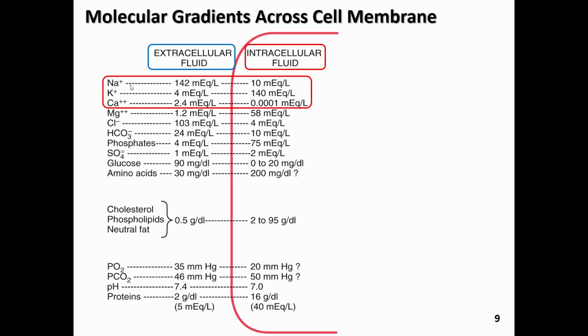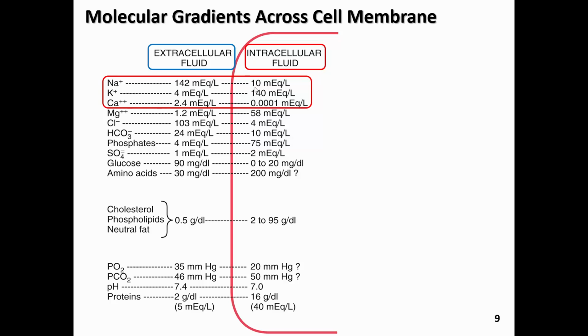So if we look at some of the key players, the sodium ion, the potassium ion, and the calcium ion, we see that sodium is held in much greater concentrations outside the cell as compared to the interior of the cell, and this is all assuming the resting state of a cell.